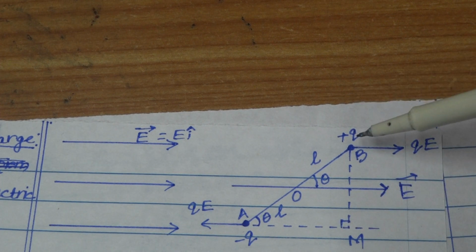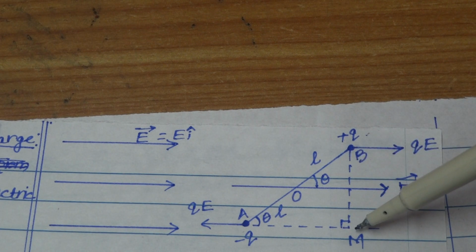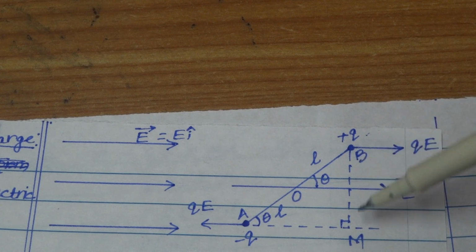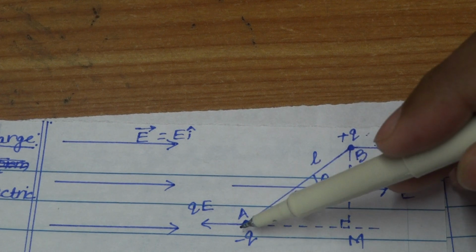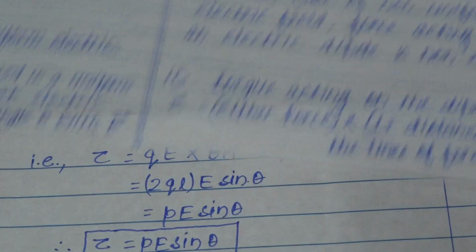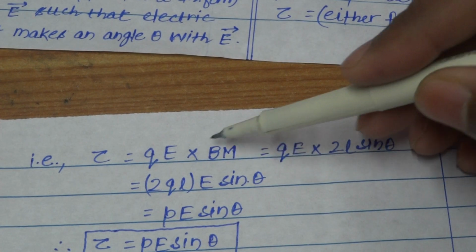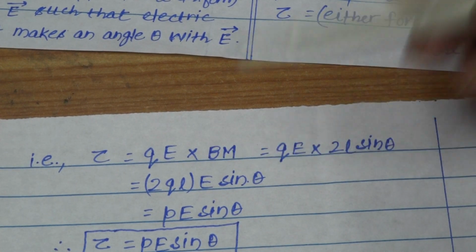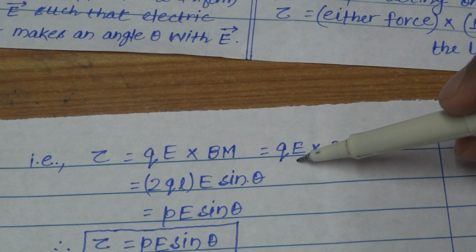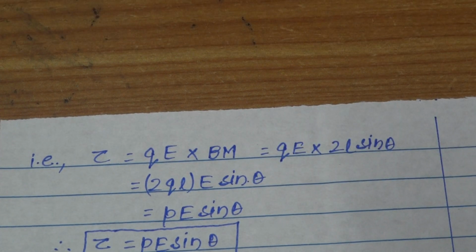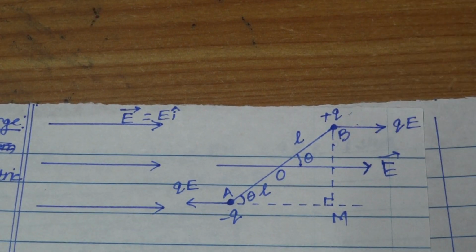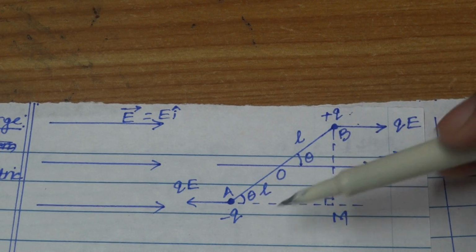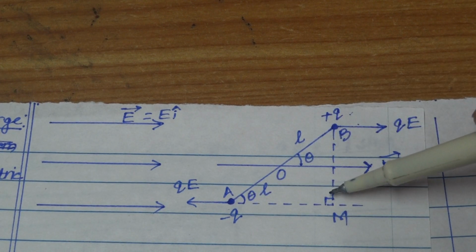Now we have to find the perpendicular distance between these two lines. For that, let us drop a perpendicular from B on the extended line. The length of the perpendicular is BM. So the perpendicular distance between the lines of forces is BM. So in place of the perpendicular distance we have written here BM. Now, let us find the value of BM. In triangle ABM, it's a right angle triangle.